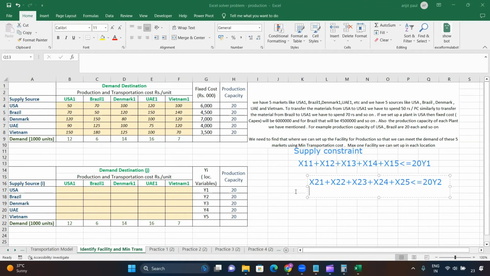If I write it down for Vietnam, that becomes x51 plus x52 plus x53 plus x54 plus x55 less than or equal to how much? 20y5.